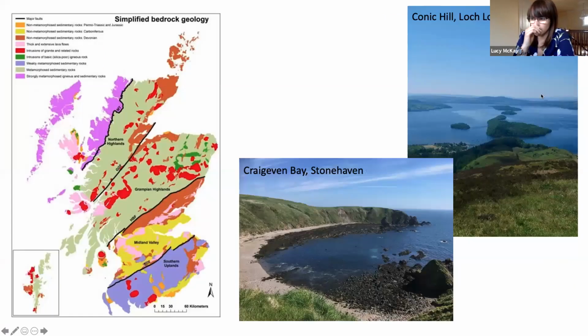So just to give a bit of context for those that are not familiar with the Highland Boundary Fault, it's a mature crustal fault with a very long and complex history. It extends for over 240 kilometres from the northeast of Scotland at Stonehaven, which is just south of Aberdeen, trends southwest through Loch Lomond, and then across the Isle of Bute and into the Isle of Arran, with possible extensions into Ireland.